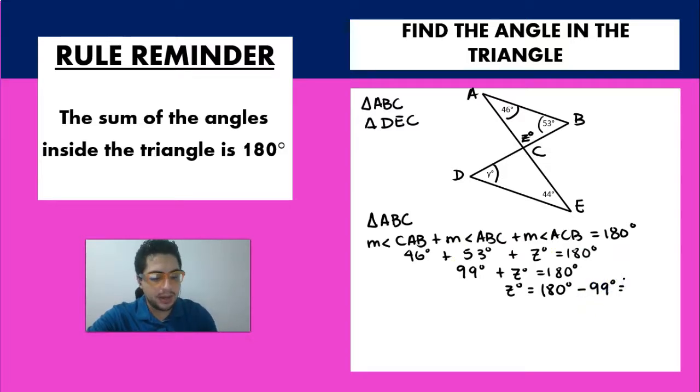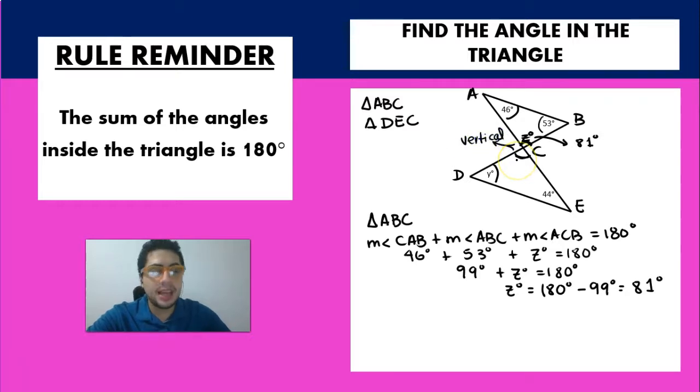So 180 minus 99 is going to give us an answer of 81 degrees. Now we know that this angle right here is 81 degrees. But how can we actually use that angle in triangle DEC? Well, we know that this angle right here, angle ACB, is going to be congruent with this angle right here because these two are vertical angles.